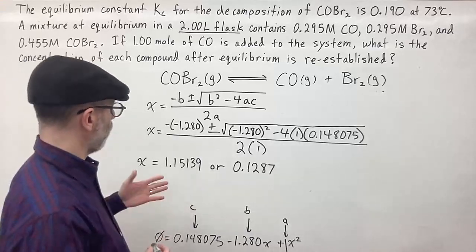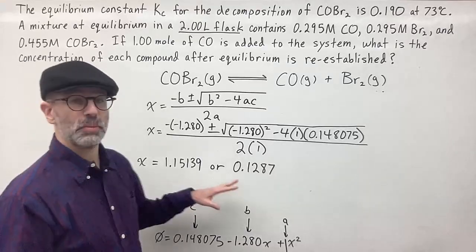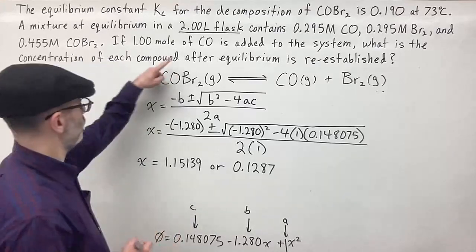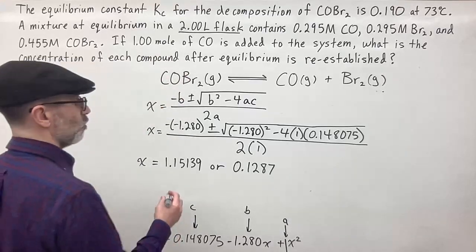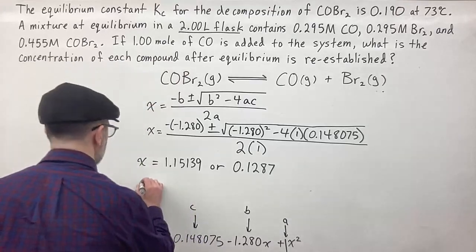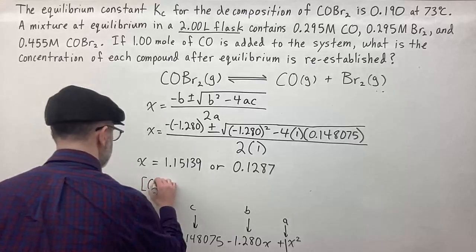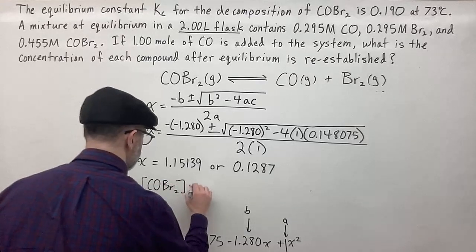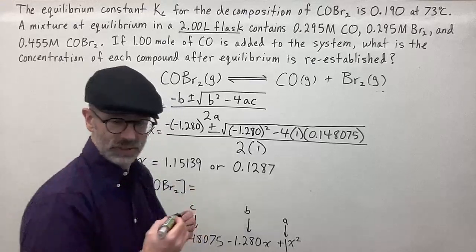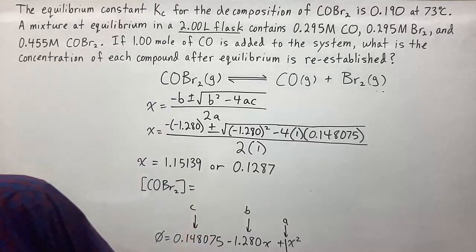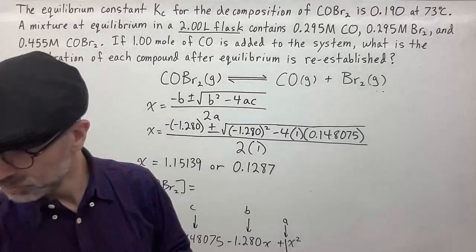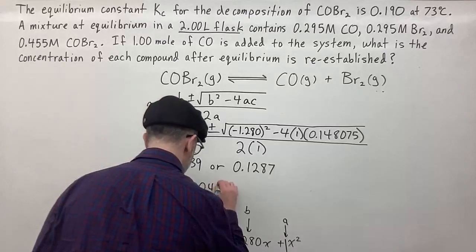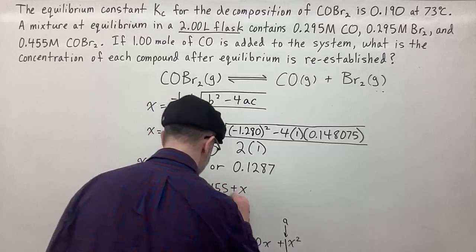Well, if we go back to the equilibrium concentration expressions, if you remember, the equilibrium concentration of COBr2 was 0.455 plus x.